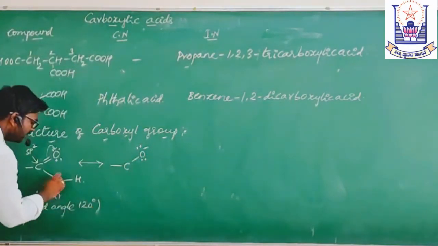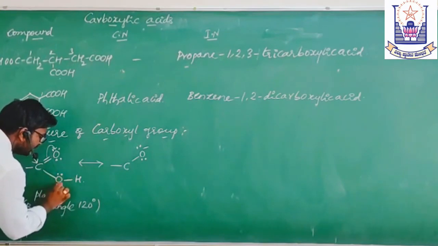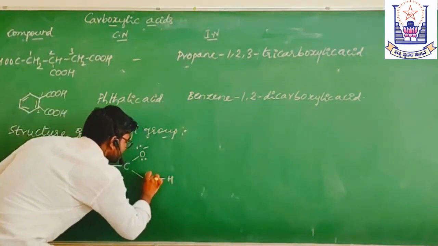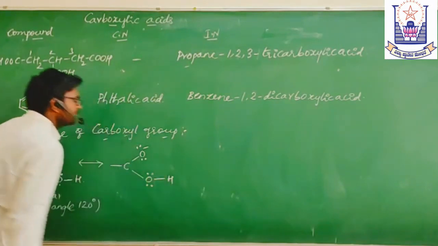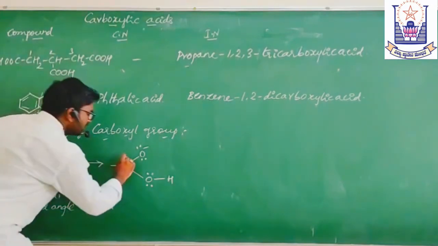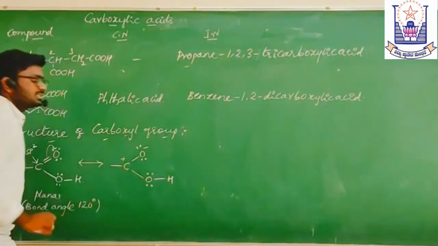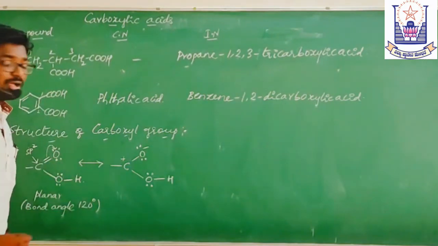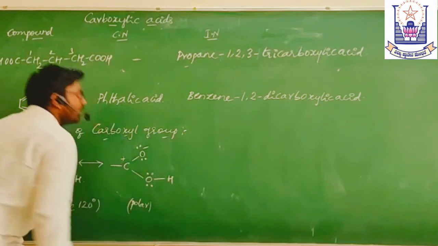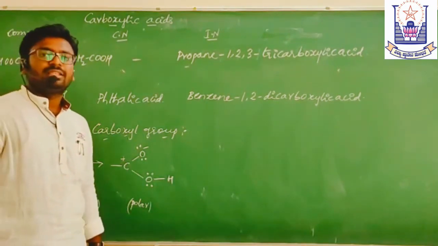Here also there are lone pairs of electrons on this oxygen that will be present as it is. Now, due to the shifting of these electrons, it will get a negative charge, and this will get a positive charge. Now, this carboxyl group is polar. The carboxyl group is polar in nature.